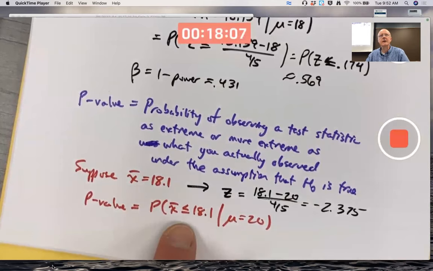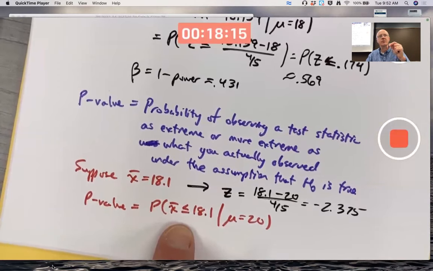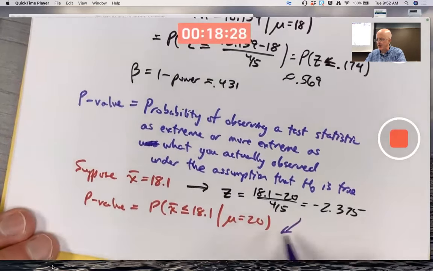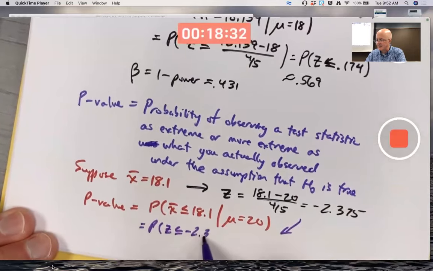And it is a less than or equal to here because it's a left-tailed test. Less than or equal to is what it means to say as extreme or more extreme. It's always with regard to the direction of the alternative hypothesis. With a left-tailed test, we want a less than or equal to. But by what I've just computed here, that's the same as the probability that z is less than or equal to negative 2.375.